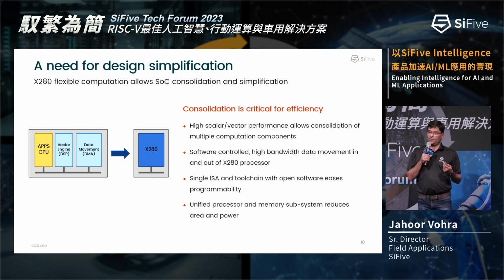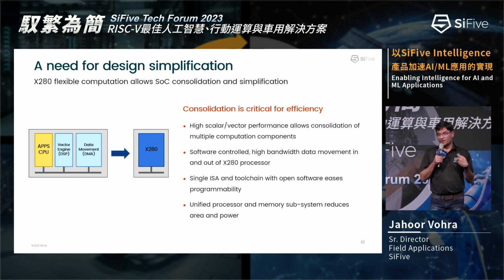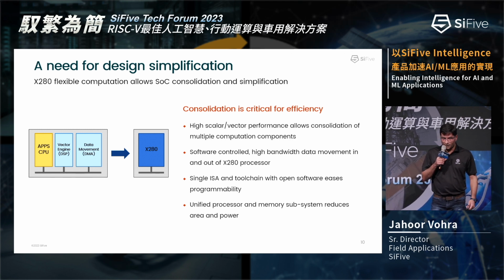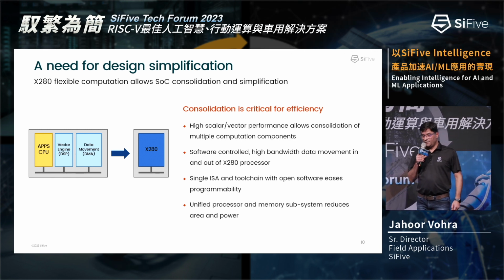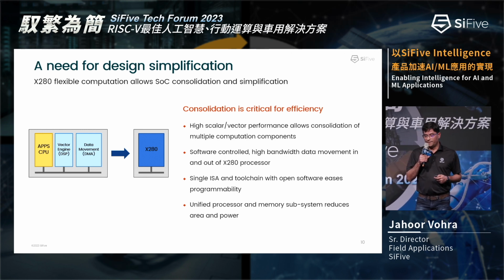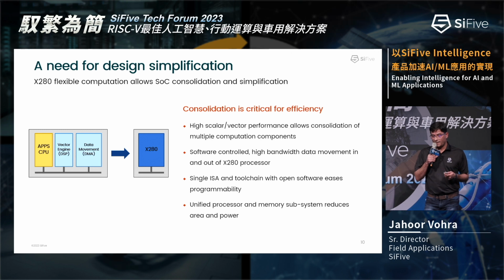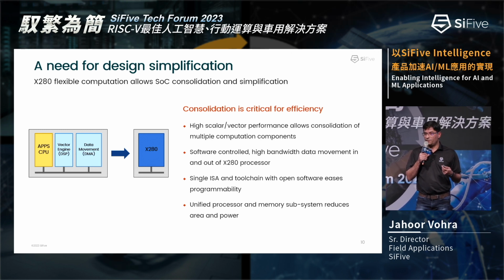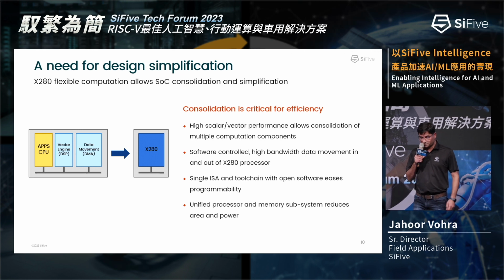If you configure the core accordingly, it can also run RTOSes or bare metal software. And then the vector unit can be used for a lot of the regular vector programming or leverage the libraries that are developed by SiFive or our ecosystem.